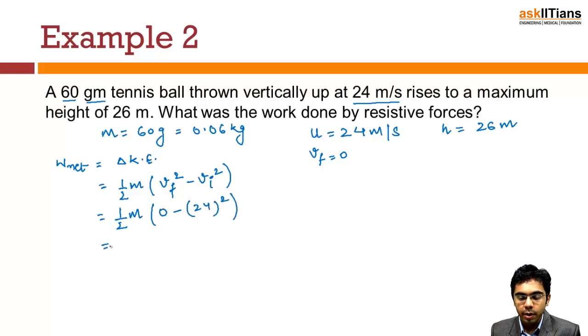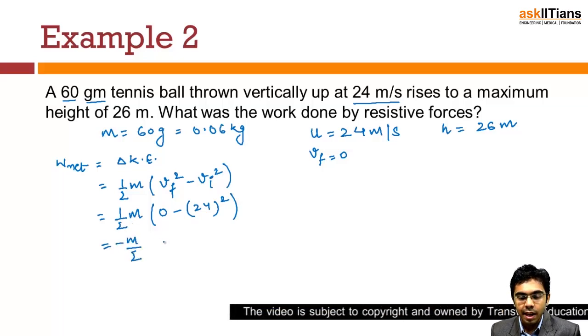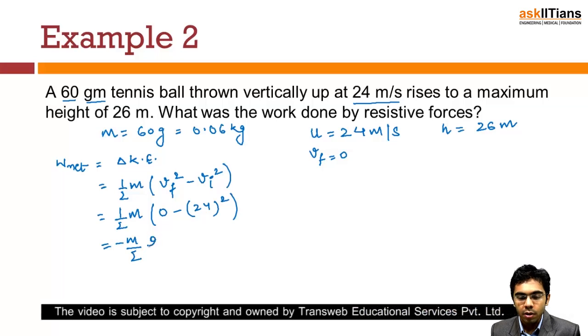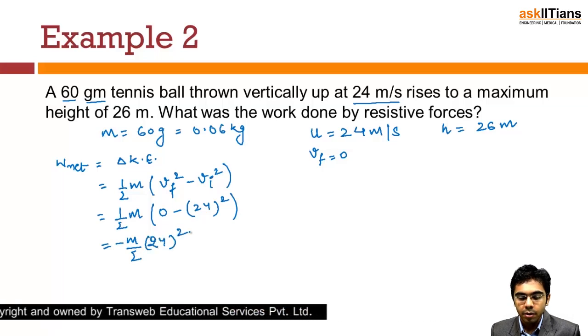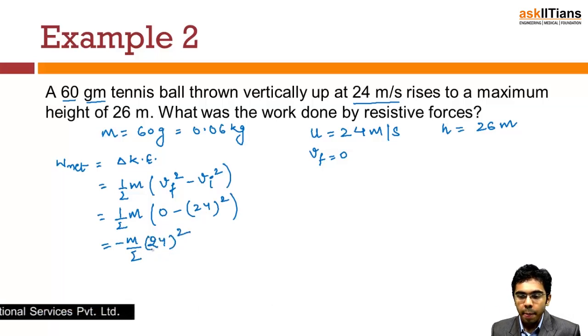So what are we going to get? We will get m by 2 with the minus sign, 24 squared. Okay, now let's find out what we will get for the net work.